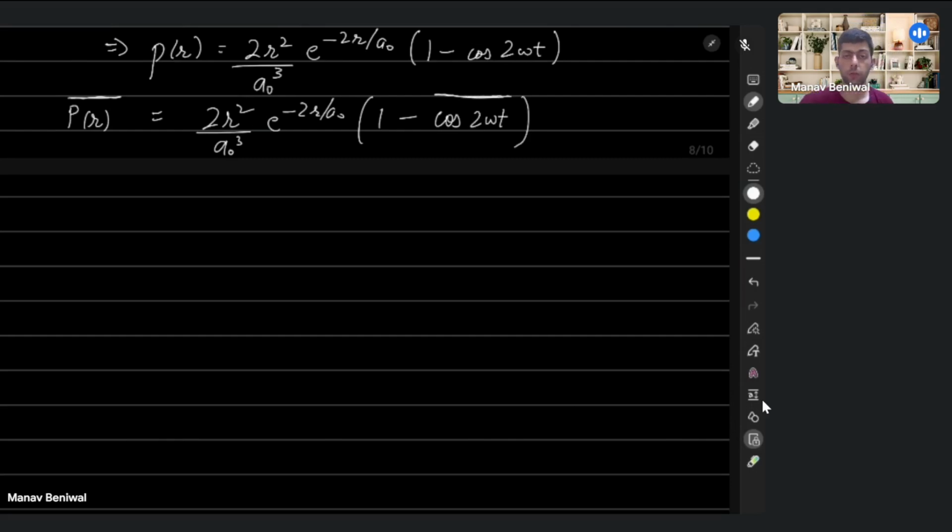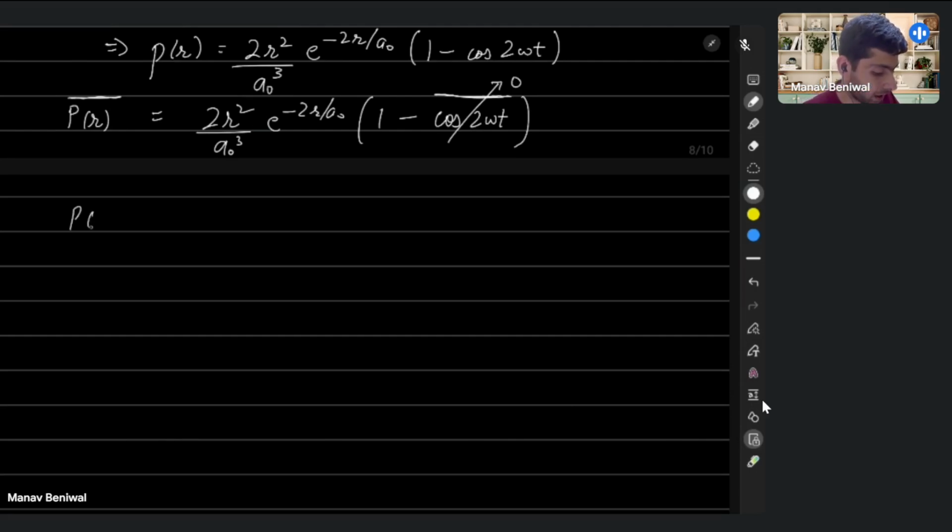Okay. Now we know that the average of the cosine function, because it oscillates between +1 and -1, is 0. So this average is 0.